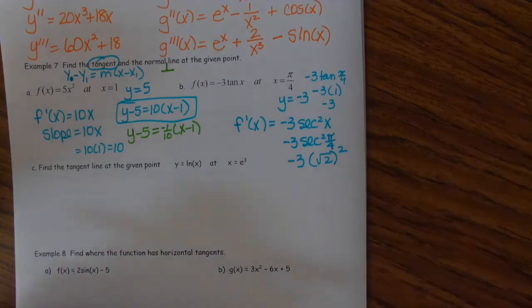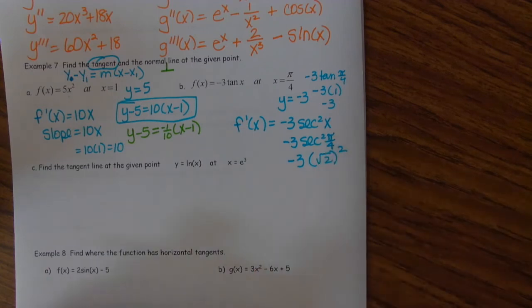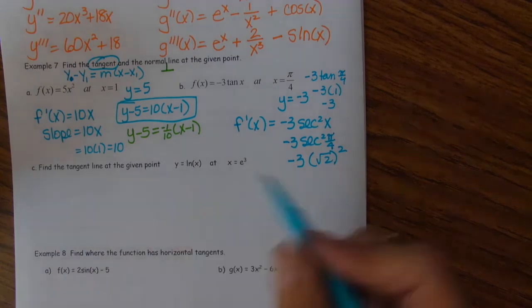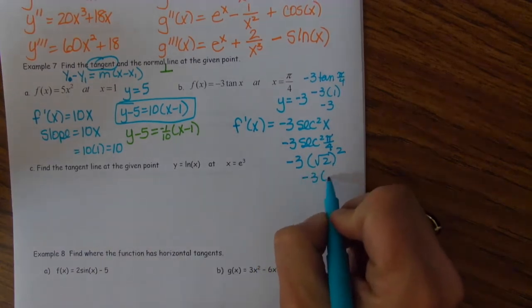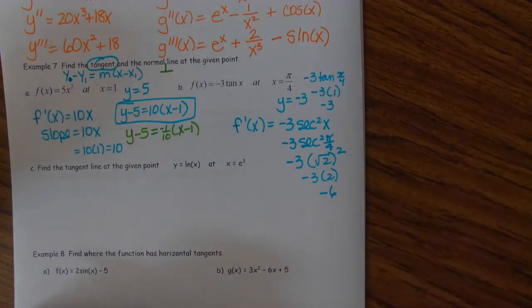But it's squared. Remember, for trig, the value you get is what gets the square. So what's the square root of 2 squared? 2. So that's it, right? Not too bad.